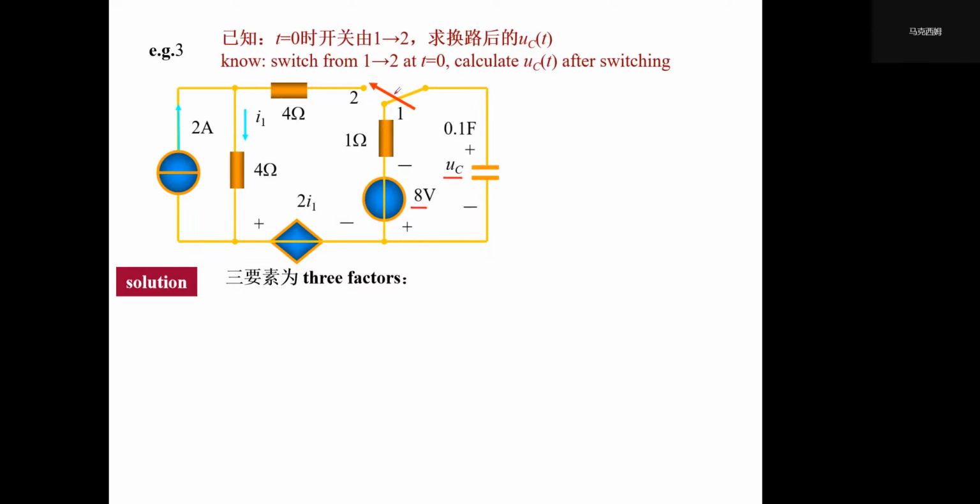Once we close it up for a long time, this loop acts as if it's been opened up, so there's no longer any current running through it. So the value is 2 times 4, which is 8.